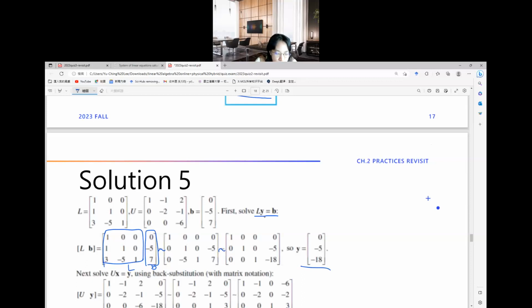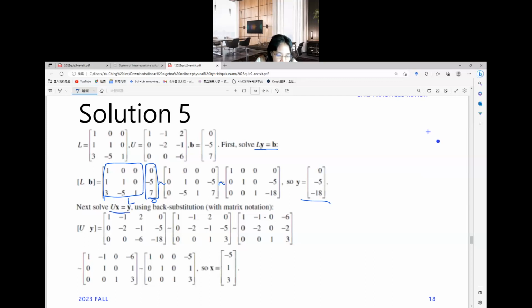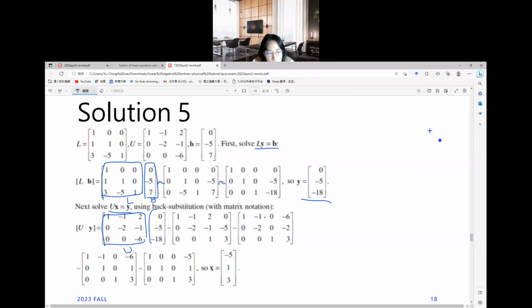And then solve for Ux equals y. We put the U matrix right here, and then the y vector right here. This is my second augmented matrix. And then I continue with the Gaussian elimination until I find a reduced echelon form. So x equals minus 5, 1, and 3. And that's my final answer.